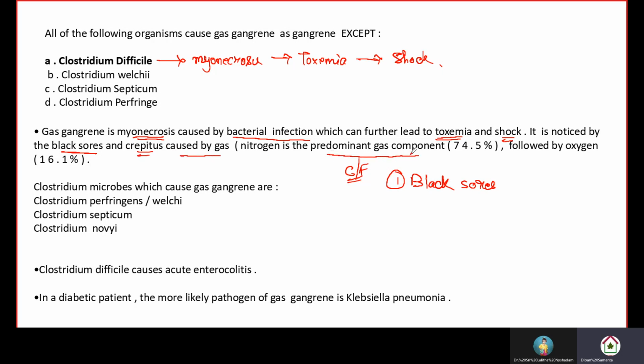Nitrogen is the predominant gas component, followed by oxygen. The Clostridium microbes which cause gas gangrene are perfringens or welchii, septicum, and novyi. Difficile causes acute enterocolitis.